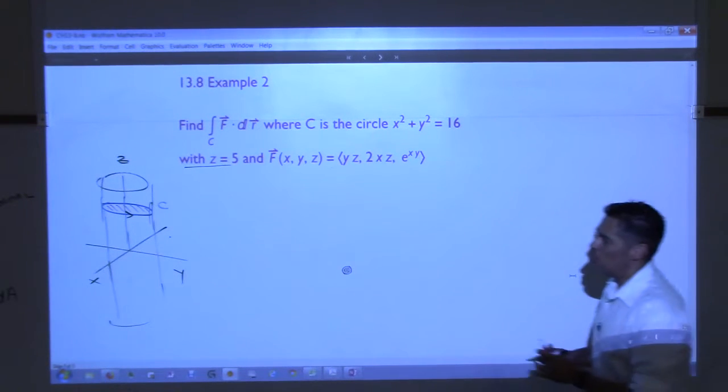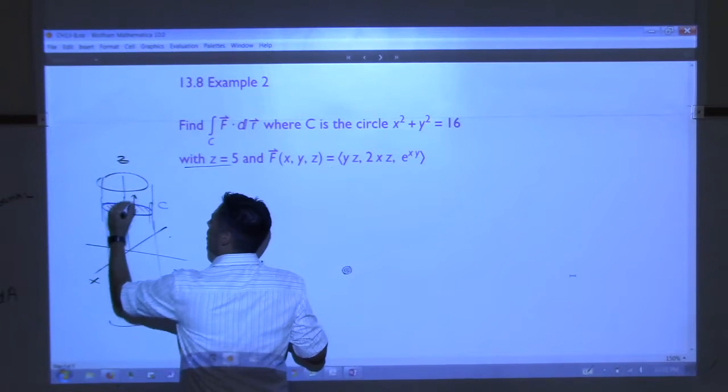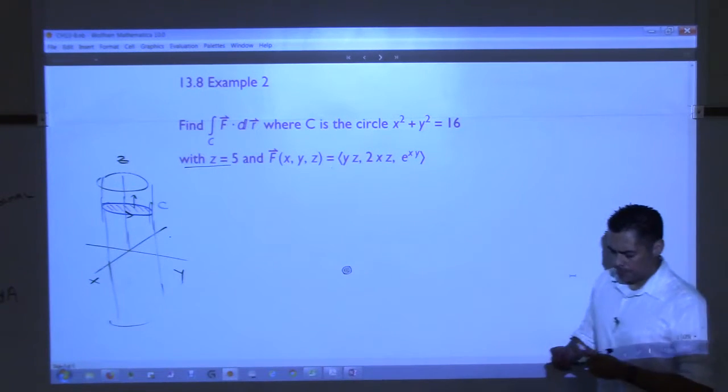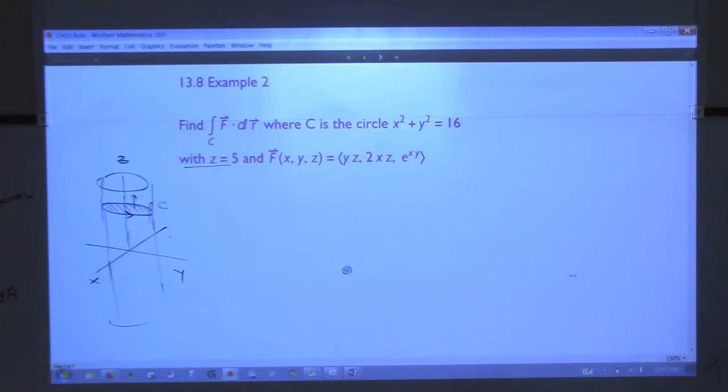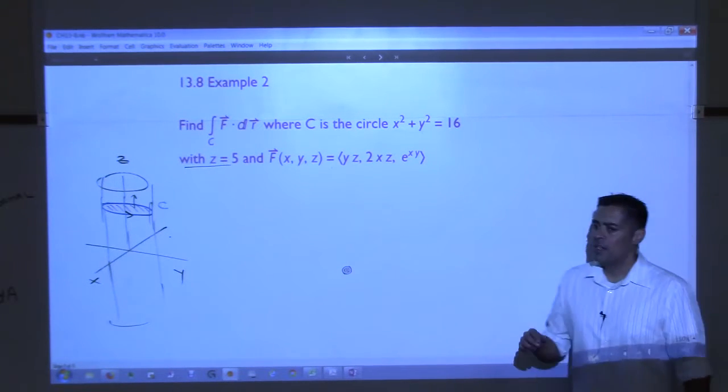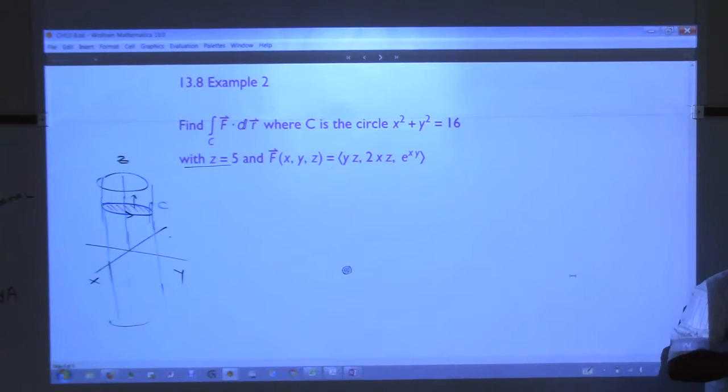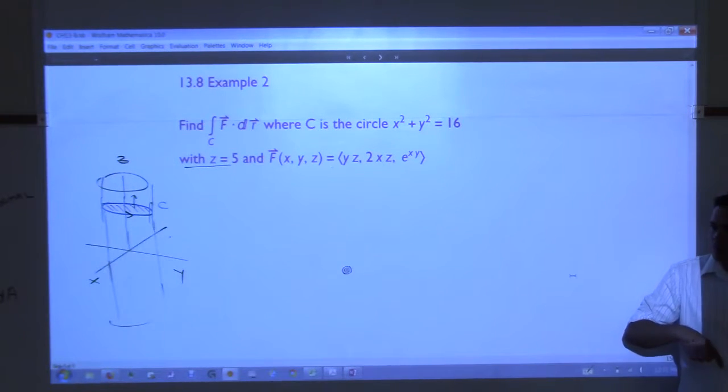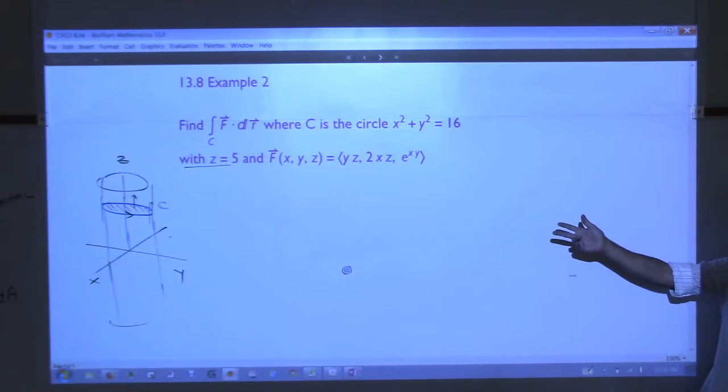So our positive orientation, our normal's coming up like that. In the book, when you do your homework, it says let the orientation of C be counterclockwise when viewed from above, which is what this would be, right? If viewed from above, the orientation of C is counterclockwise.